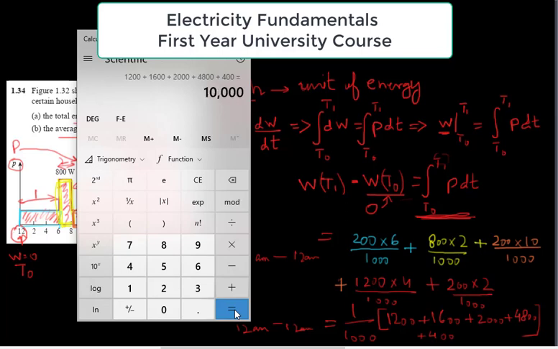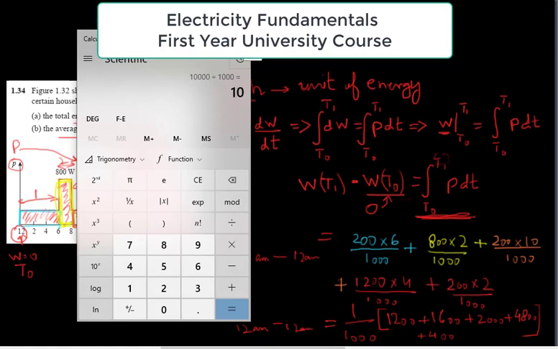And since there is a division of 1000, I need to divide it by 1000, and the result is 10 kilowatt hours.